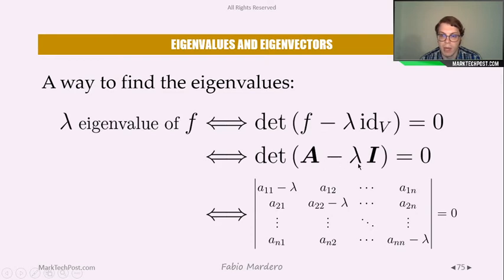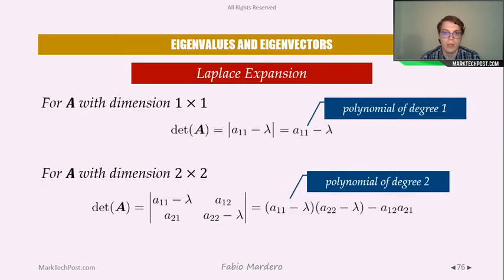A minus lambda times the identity matrix is equal to this matrix, from which we compute the determinant, and we impose this determinant equal to 0. So we are able to compute the determinant.